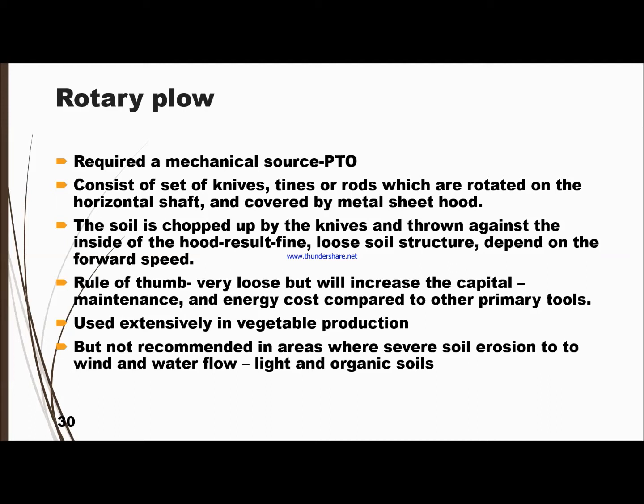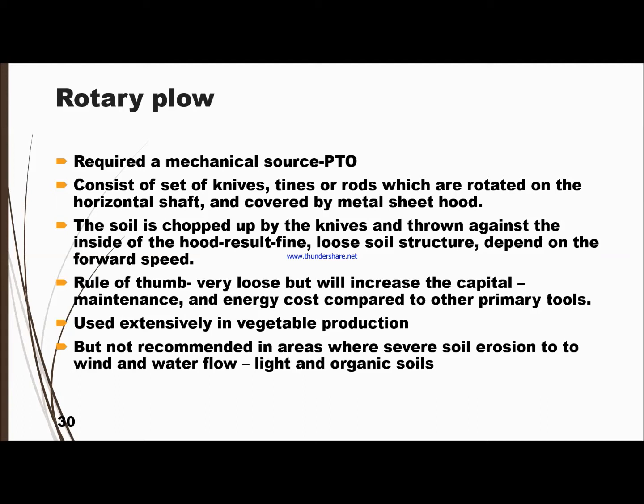If you move faster, then you will have less efficiency in loosening up the soil. The rule of thumb: very loose, but it will increase the capital, maintenance, energy and cost compared to other primary tools, if you use it extensively.